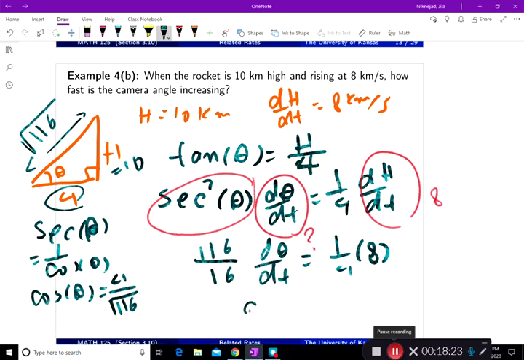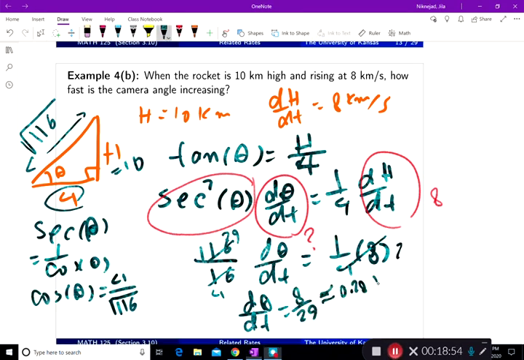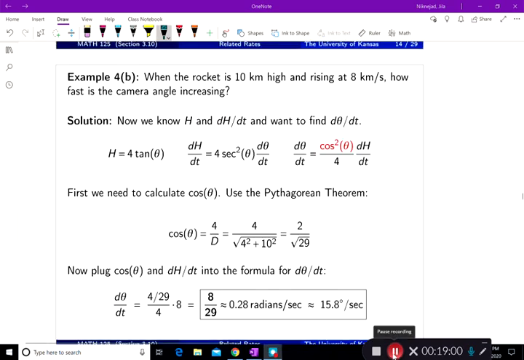Computing d theta dt, these simplify, I think, to 4 and 29, and so you get basically 8 divided by 29, which is 0.28 radians per second. From there, again, all these computations with derivatives always involve radians.